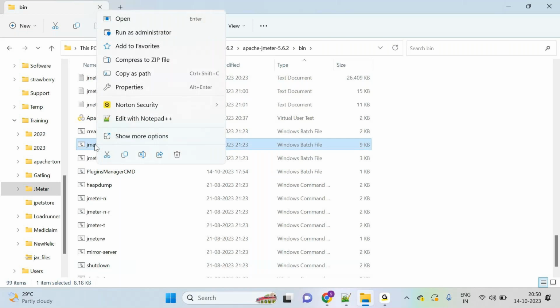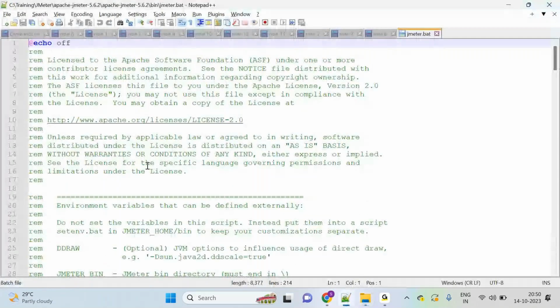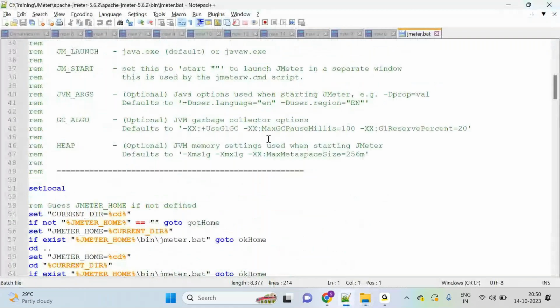If I right click and open this file in Notepad, look here at what garbage collection JMeter is using. JMeter is using G1GC, garbage first garbage collection. G1GC means garbage first garbage collection.